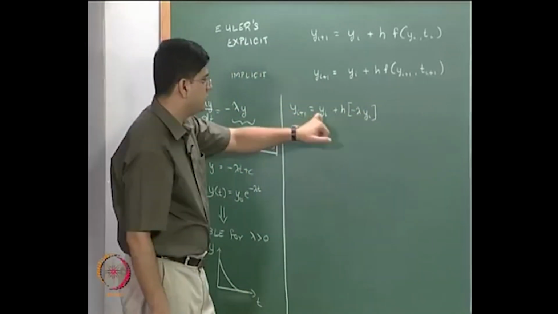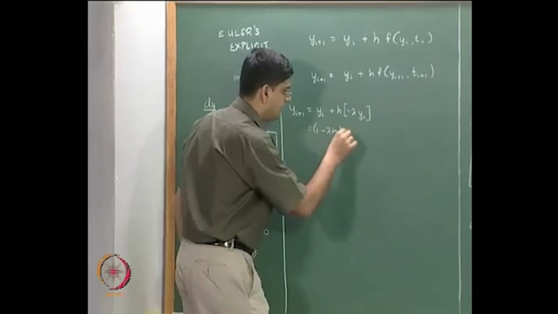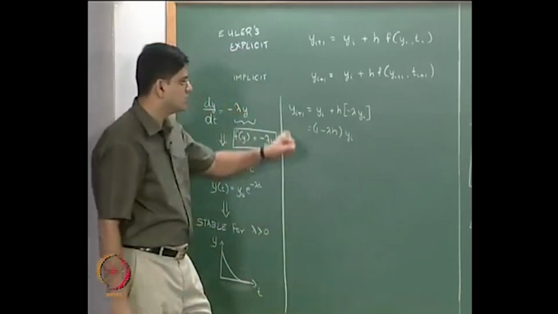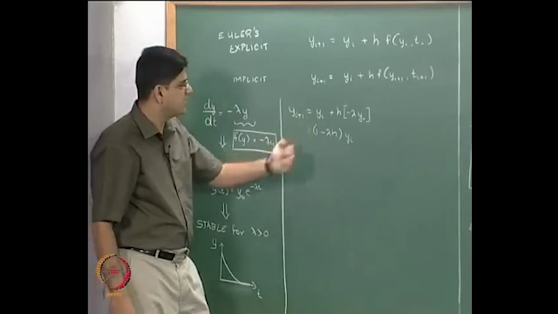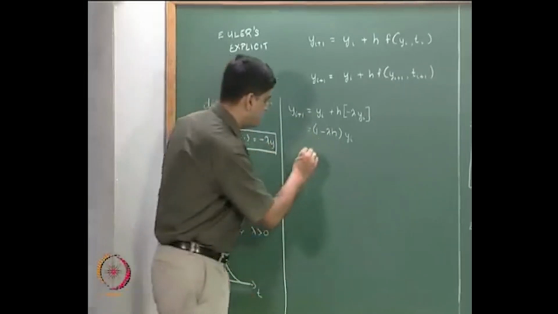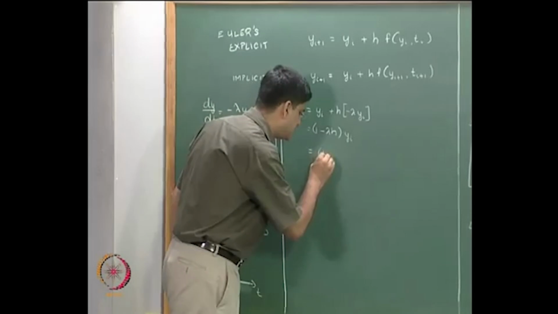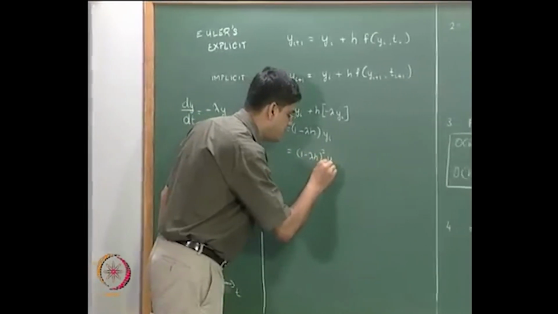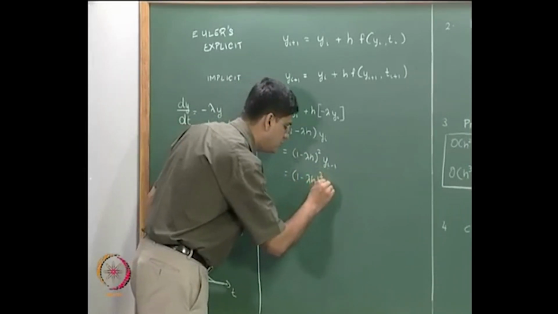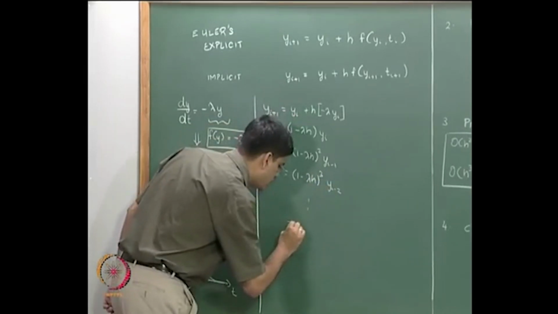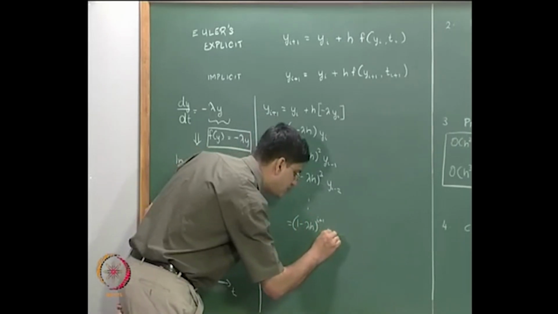We can write this as 1 minus lambda h multiplied by yi. So yi plus 1 is 1 minus lambda h multiplied by yi. Now this we can write as 1 minus lambda h multiplied by yi minus 1. So we will have 1 minus lambda h squared yi minus 1, which we can write as 1 minus lambda h cubed yi minus 2 and so on, equal to 1 minus lambda h to the power i plus 1 multiplied by y0.